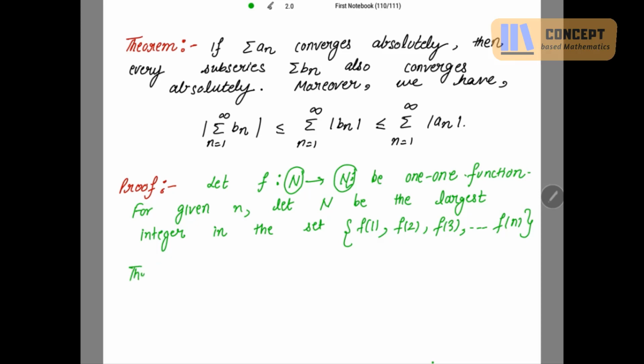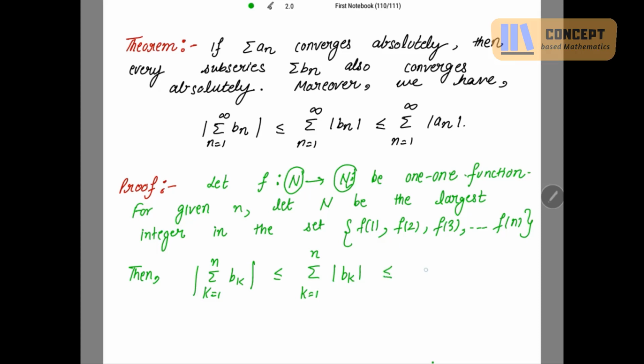Then I'm taking this summation, because this summation is from 1 to infinity. Let me take the partial summation from 1 to n on bk. This is less than or equal to summation k going from 1 to n mod of bk. Fine.